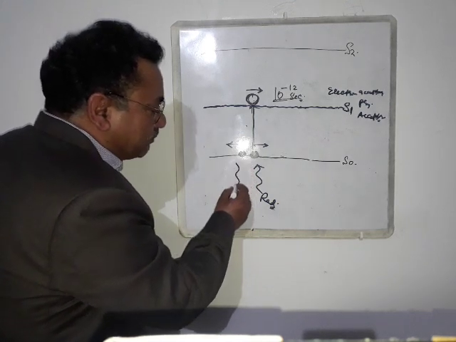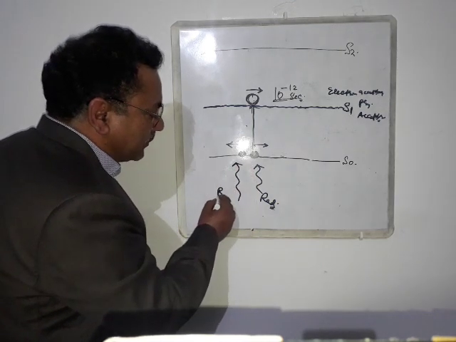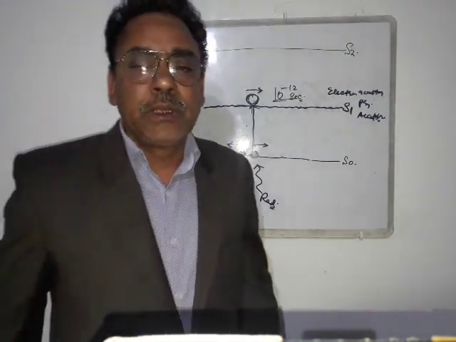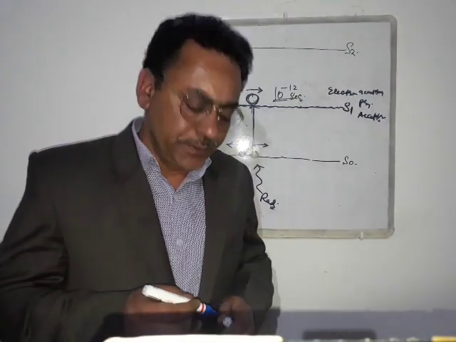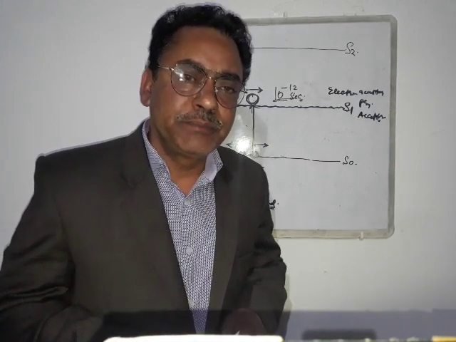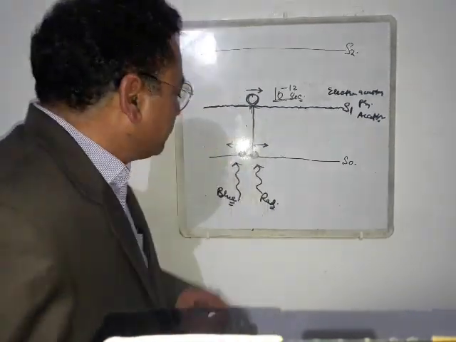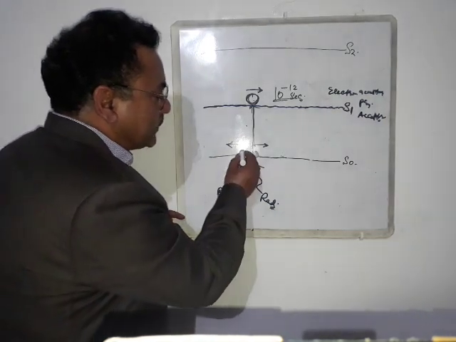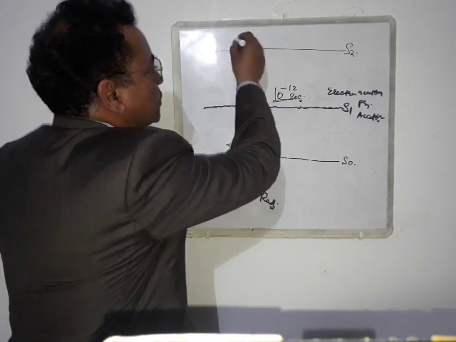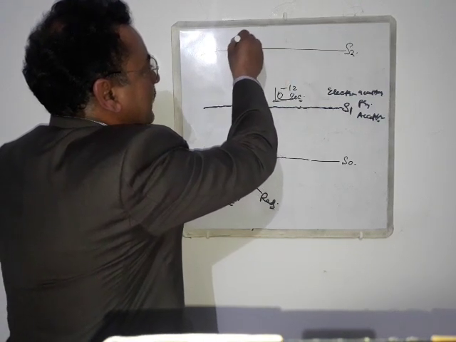Now consider the blue photon or any other higher energy photon. Blue light is very much energetic. It has a shorter wavelength but a higher amount of energy per quantum. Blue photon, if absorbed by the electron goes to S2, second excited singlet state.